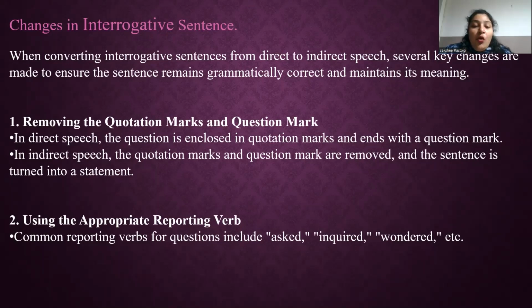So I'm asking the question. While using asked as the reporting verb, it shows "She asked what my name was." So using the appropriate reporting verb helps to maintain the interrogative nature of the original sentence and makes the indirect speech more natural and coherent.